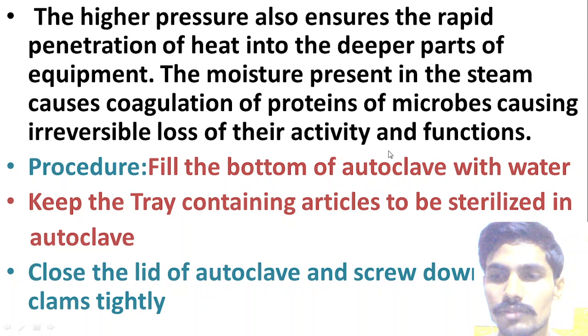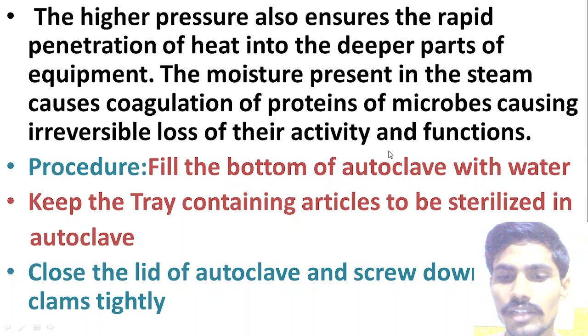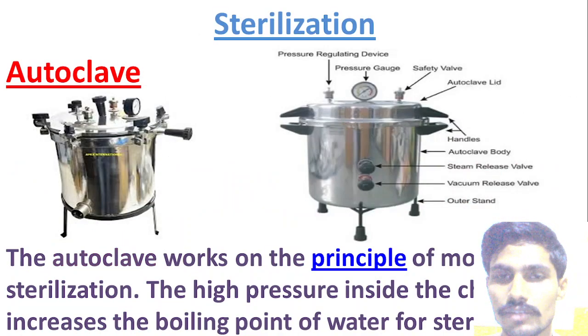One thing you have to remember: in autoclave there is both temperature as well as pressure. Due to the effect of temperature as well as pressure, there is improvement in the destruction of microorganisms present on the surface of articles to be sterilized here.